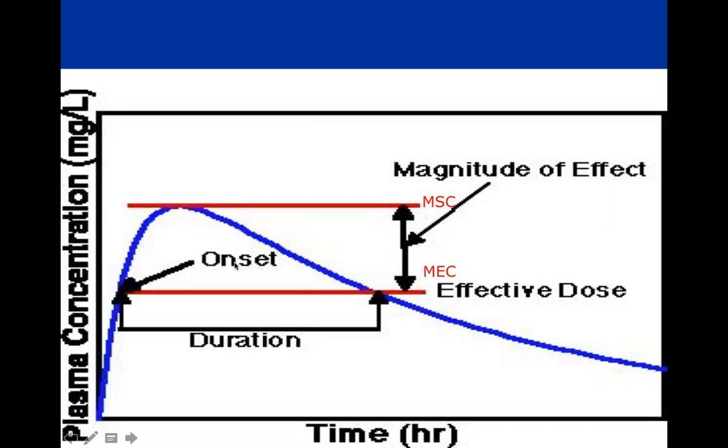So the onset of action starts with the minimum effective concentration, and the duration of the drug ends by reaching again the minimum effective concentration. So the onset of the drug is at the first minimum effective concentration, and the duration is between the two minimum effective concentrations. The first one is during the acceleration phase, and the second one is during the deceleration phase.